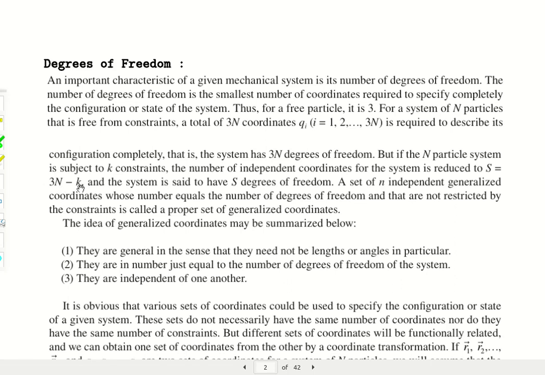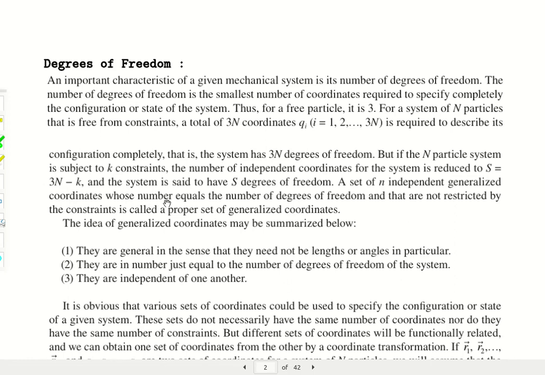So this is the minimum number of coordinates you can use to solve a problem. You can use a greater number of coordinates than 3n minus k, but the smallest number of coordinates you should deal with is 3n minus k in the case of constrained motion.